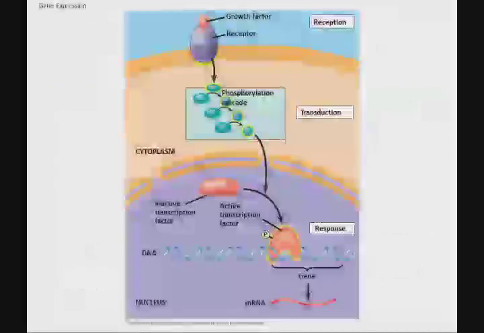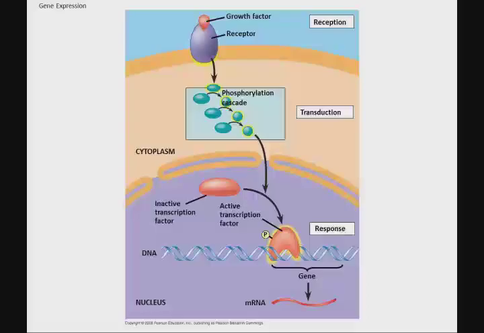Not always, but in many cases. So again, if we go back to our generic reception, transduction, response, we see reception, receptor binding its ligand, transduction, whatever form it takes there, ultimately leads to the activation of a transcription factor. That transcription factor, now active, can engage the transcription machinery and basically turn on a gene, and that novel gene expression is going to do something in the cell.